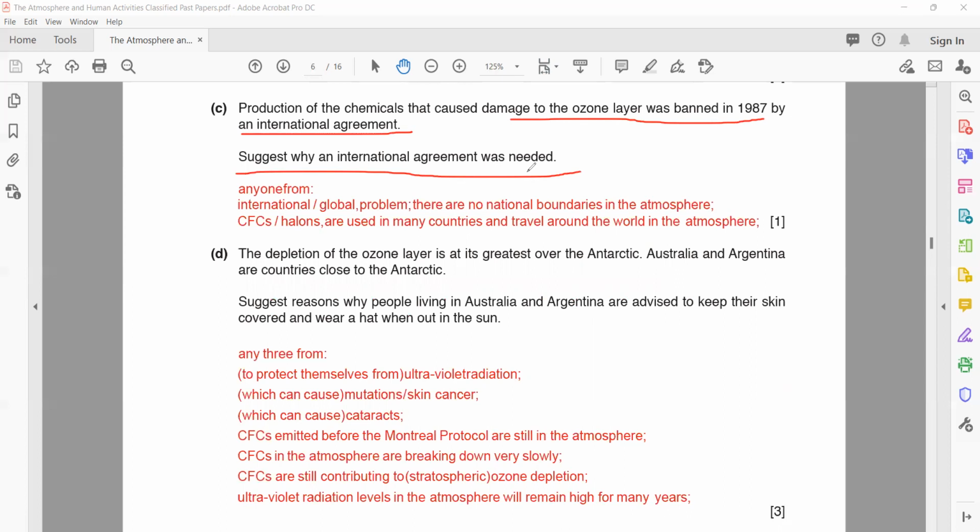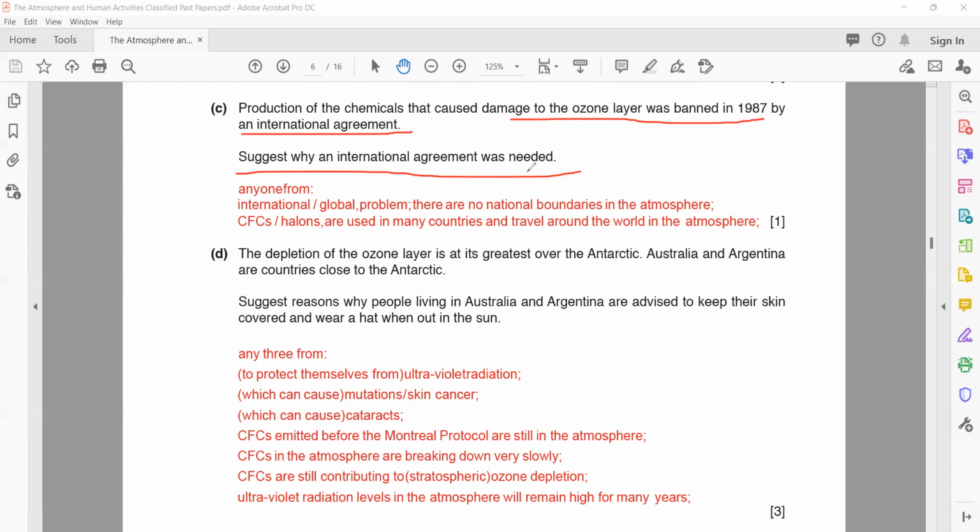And if smoke is produced in one area, it can go to the other area. The pollution from one area can go to another area. There are no national boundaries for pollution. So all the countries should make a collective decision. They should make combined rules which should be implemented.